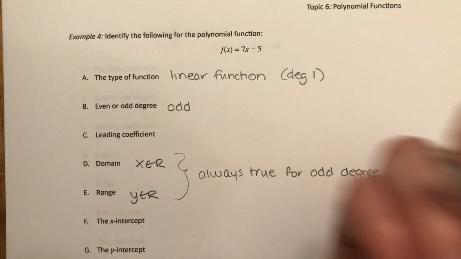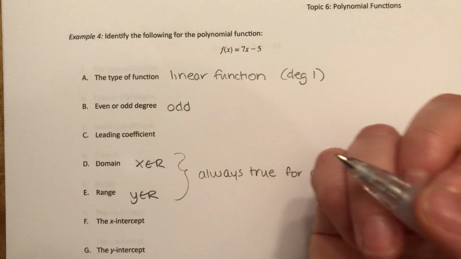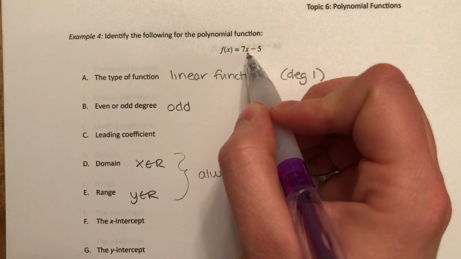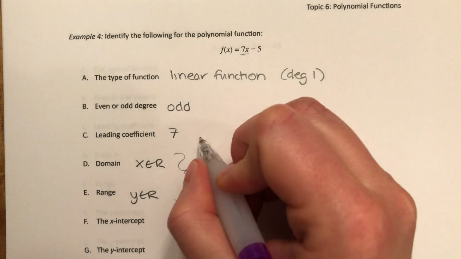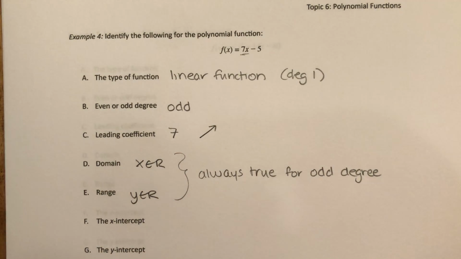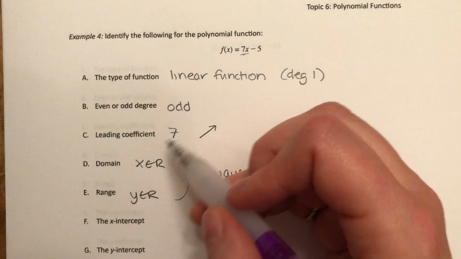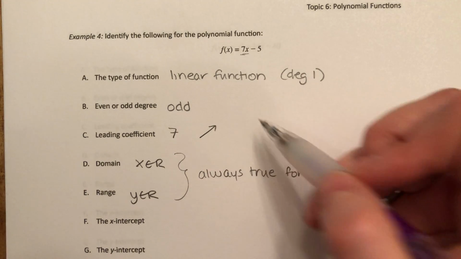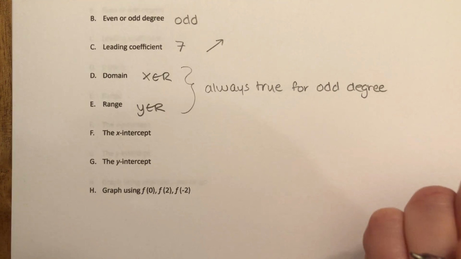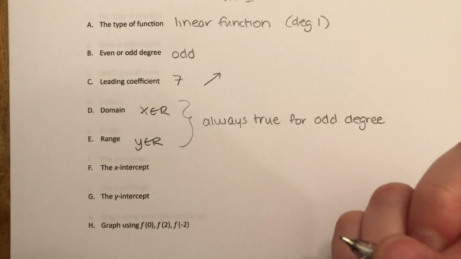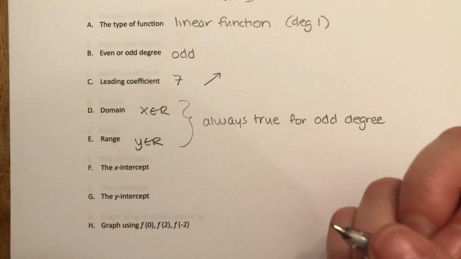My leading coefficient, remember, is the number attached to the highest degree term. So that's this 7. And that means it's going to go up towards the right. Okay, so if that leading coefficient is positive, it's going to go up as we move towards the right. My x-intercept, I can solve for it.